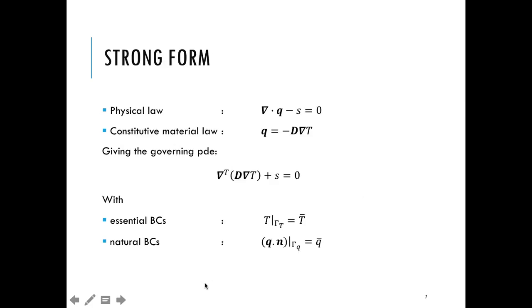So overall, my entire strong form essentially consists of a physical law, which is then manipulated by the particular constitutive material law to give the actual governing equation for this problem. And we have these two, the essential and natural boundary conditions, for that governing equation, and these three together make up the strong form for this problem.